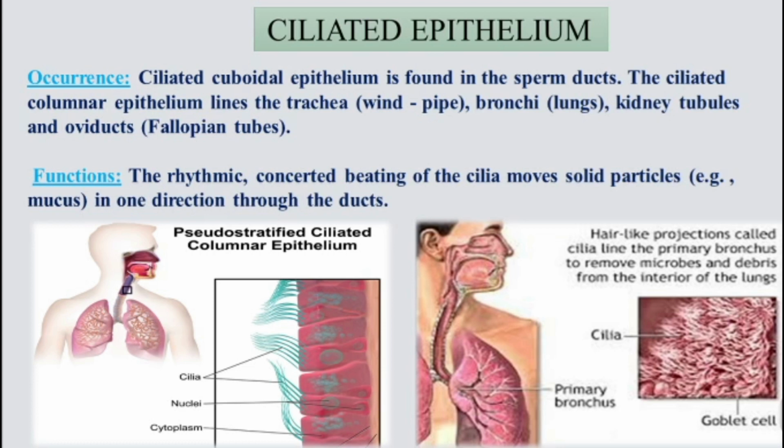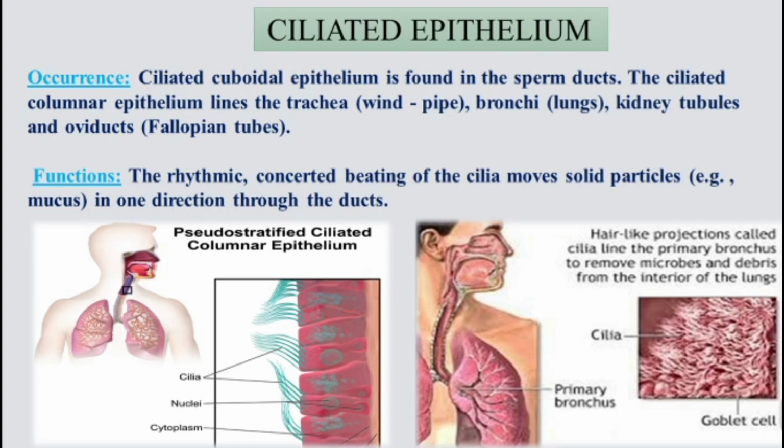The material, like solid particles and especially mucus, is passed by the rhythmic movement in one direction through the ducts. Because of that, it is used to move material in one direction along the ducts.